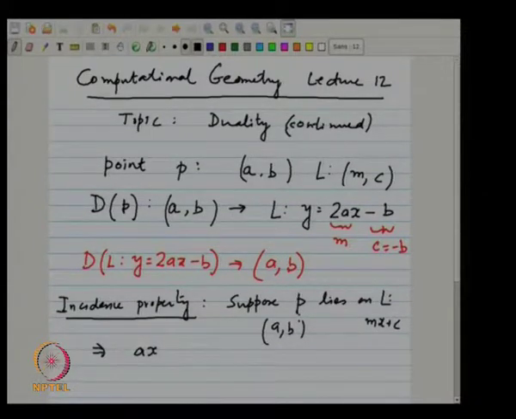Just a moment, what am I saying? Right, that was the confusion, I missed that y. So, b is equal to am plus c.